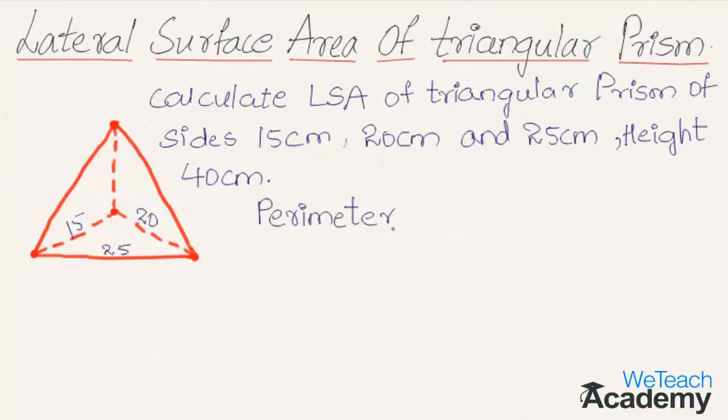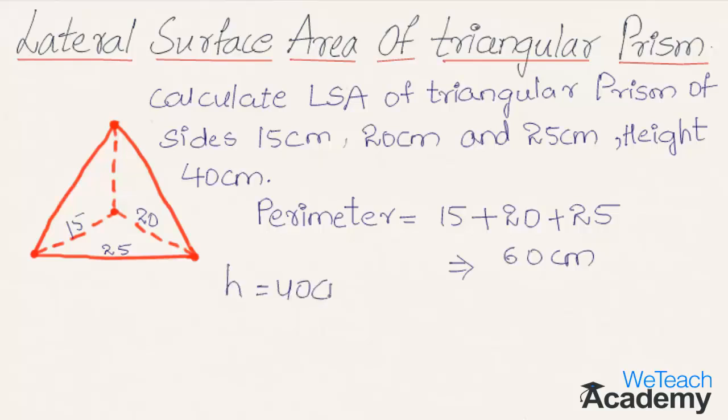The perimeter of a triangle is the sum of all the sides, so 15 plus 20 plus 25. Adding all the sides, we get 60 centimeters, which is the perimeter, and the given height is 40 centimeters.